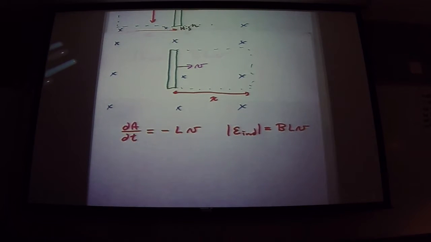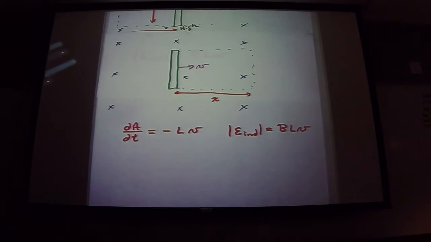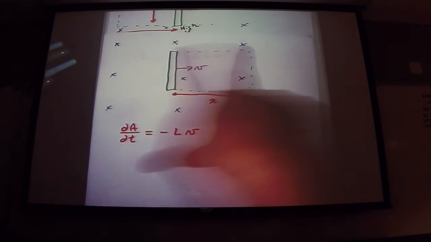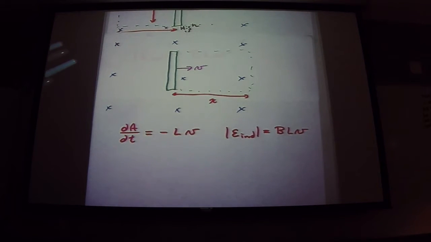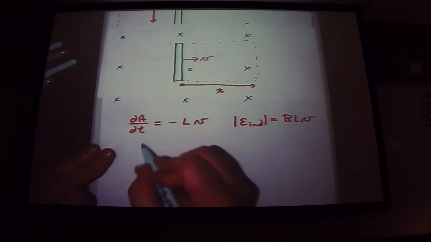The question is, do we get the sense of this right? Do we get the direction right? We got the amount of voltage that we're inducing right. Do we get the sense of it right? All right, let's see what happens in this loop. In what direction is the flux? It's into the page.